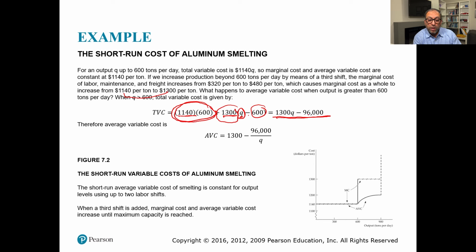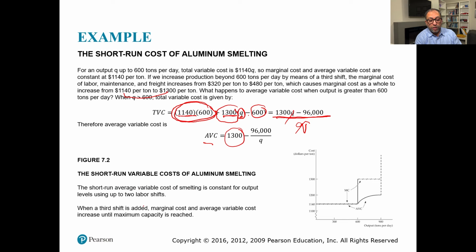Now, what is this? This is our total variable cost equation. And when we divide it by Q to get the average variable cost, this Q is eliminated, it's going to be 1300 as it is, plus 96,000 divided by Q. And we can see in this figure that the short-run average variable cost of aluminium smelting is constant for output levels up to the labor shift.